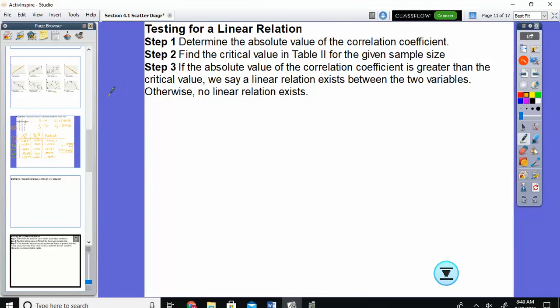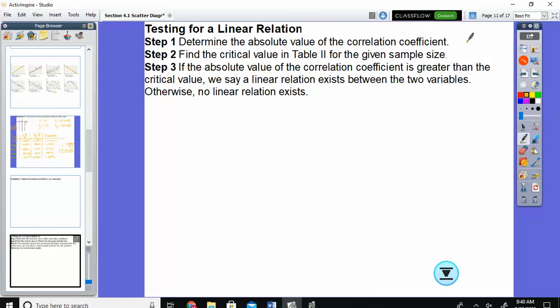So if you see the next slide, it has testing for a linear relationship, what we need to do. There is actually a table that can be used to check for this. So we have to take the absolute value of our correlation coefficient.